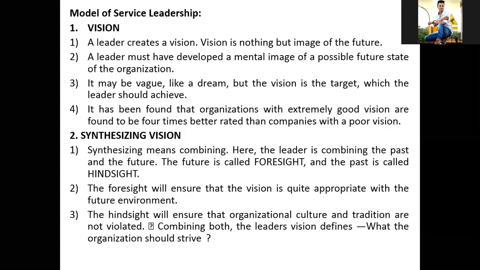It has been found that organizations with an extremely good vision are rated 4 times better than companies with a poor vision, if the organization implements those visions.